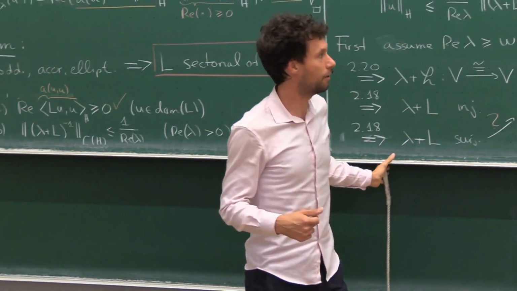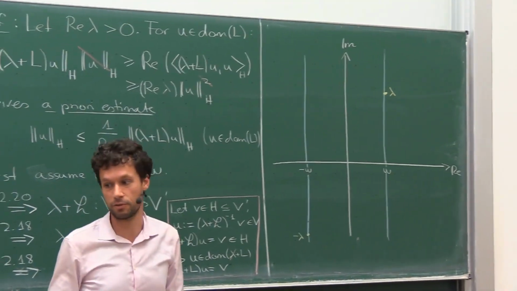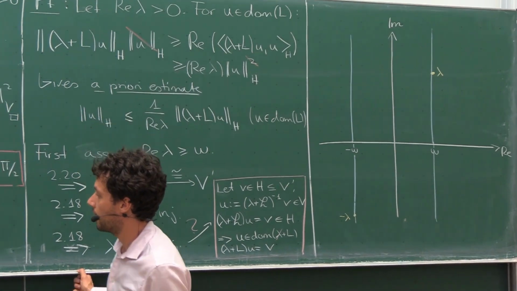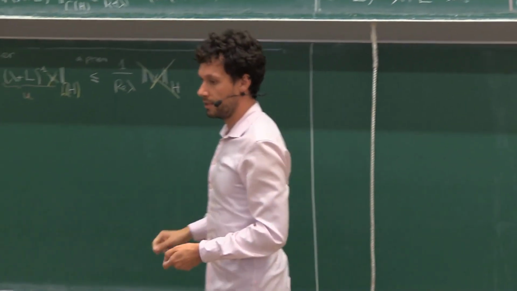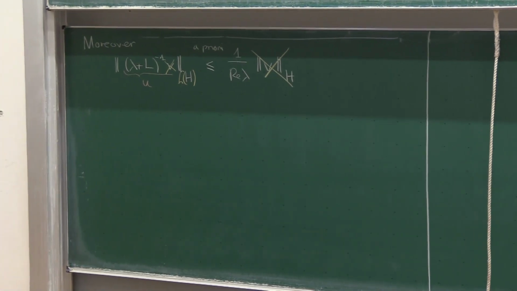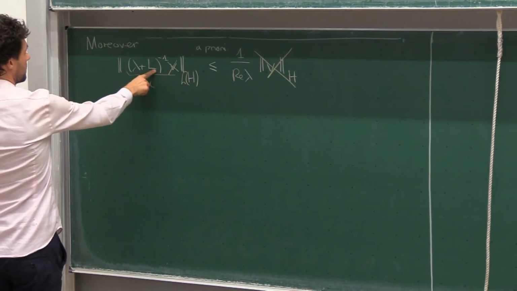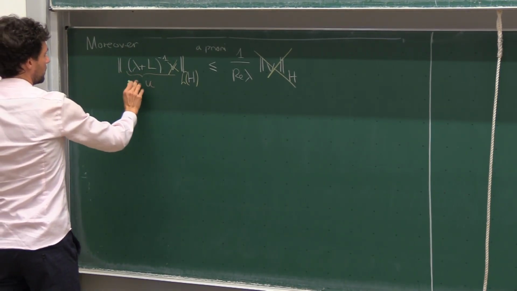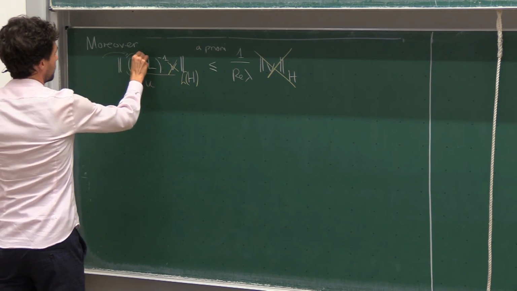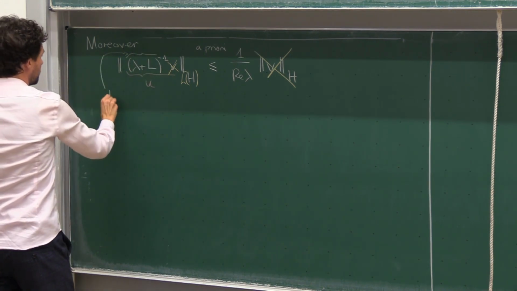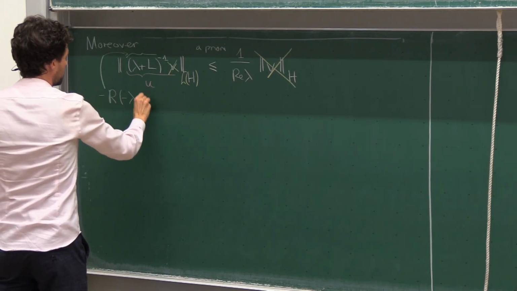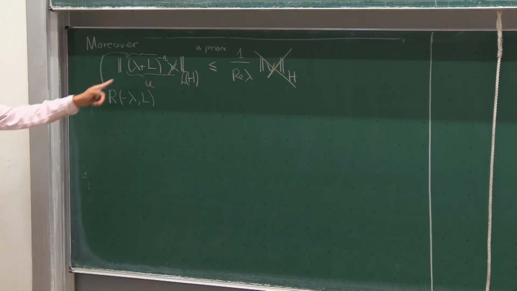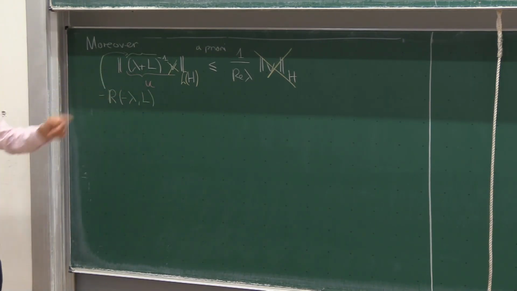Most of the remainder of the proof is going to be some sort of algebra. But before I do that, let me just quickly remind you that lambda plus L to the minus 1, right? This is the same as the resolvent minus the resolvent of L at position minus lambda. If you factorize by a minus, then it's the resolvent of L at minus lambda.